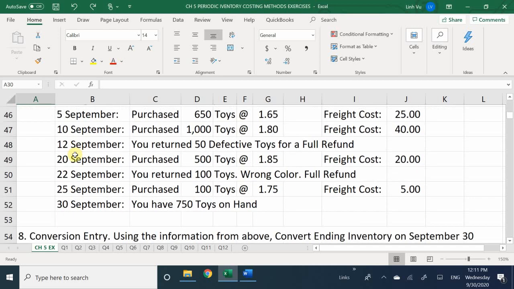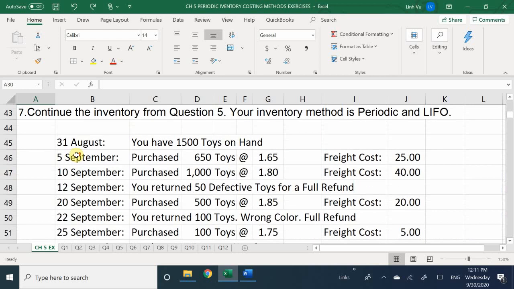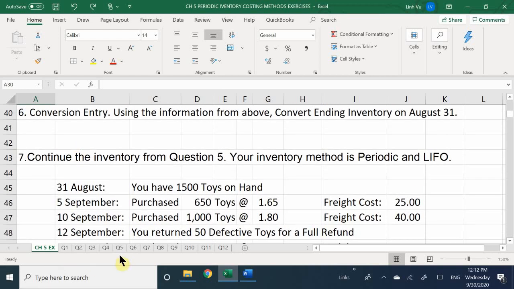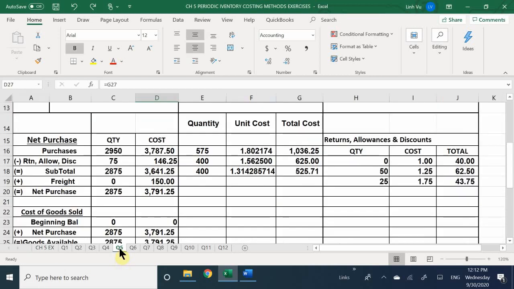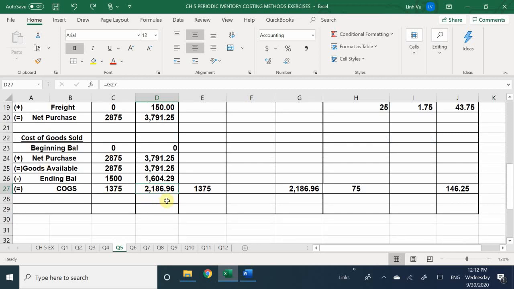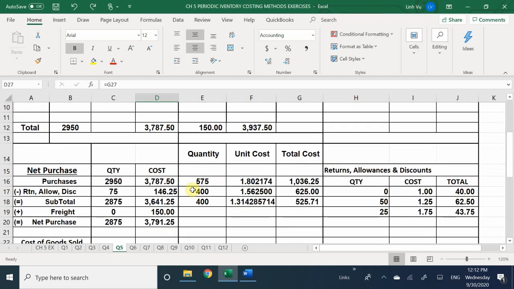So let's go ahead and wrap this one up. In this case, I have August 31st, I have an ending inventory of 1,500 toys on hand. So I can go ahead and copy the information from my previous section here. So in this case, I should have 1375.